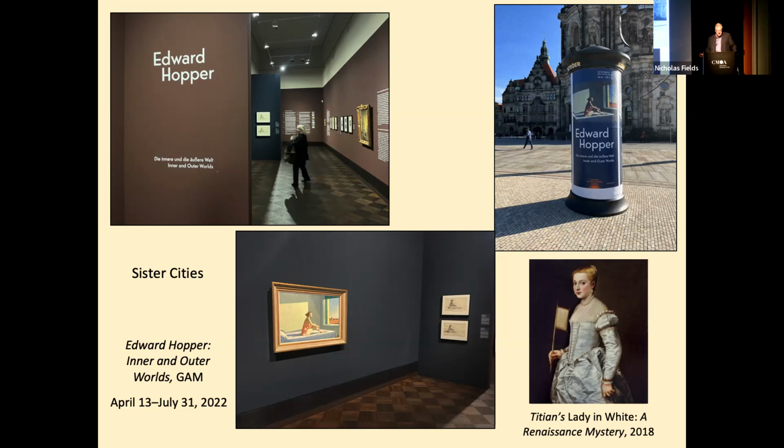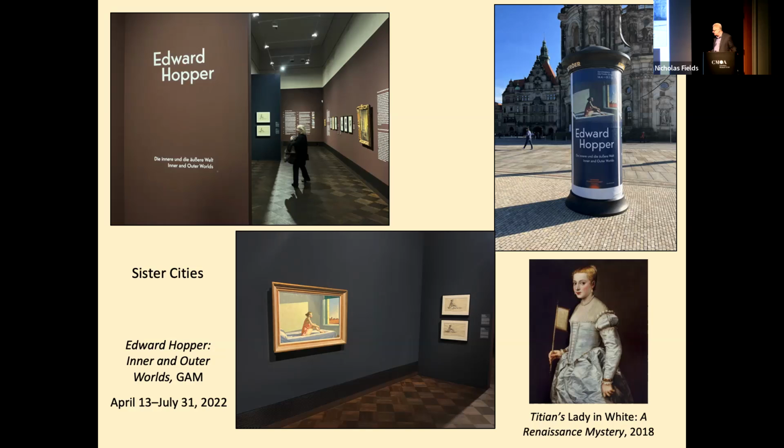And as we speak, it's still up in Dresden. If you're wondering where our Hopper painting, Morning Sun, is, it's in Dresden in a special installation, an exhibition called Edward Hopper, Inner and Outer World. So it's accompanied by studies and preparatory works for that painting and works from the permanent collection of Dresden from different eras, Renaissance, Baroque, that have the theme of a woman in an interior or a figure and a window.